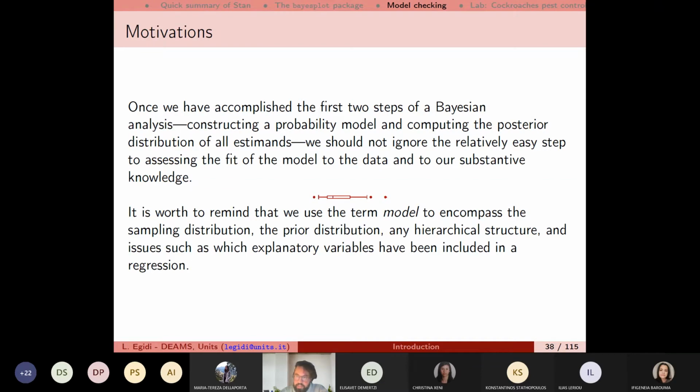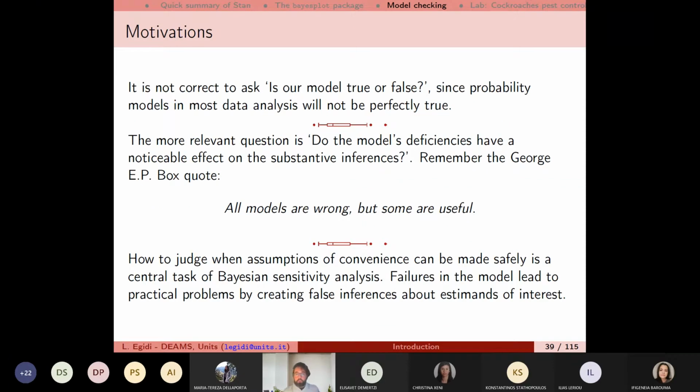In Bayesian terms, we use the term model to encompass the sampling distribution, the prior distribution, any hierarchical structure, and issues related to the covariates included in our regression model. So once we have the posterior distribution, our work is not done. Our work is maybe at 50 percent, because now we have to assess the goodness of the model.